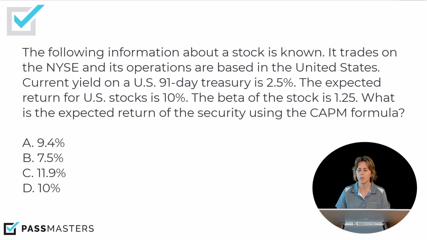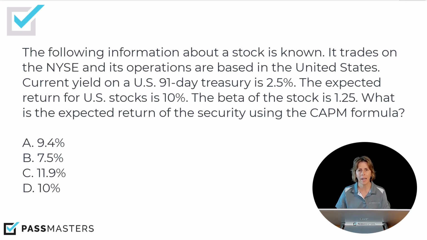The expected return for US stocks is 10%. The beta of the stock is 1.25. What is the expected return of this security using the capital asset pricing model formula? Another way they might say it is using an equilibrium model, which means you need to know to apply the capital asset pricing model formula.